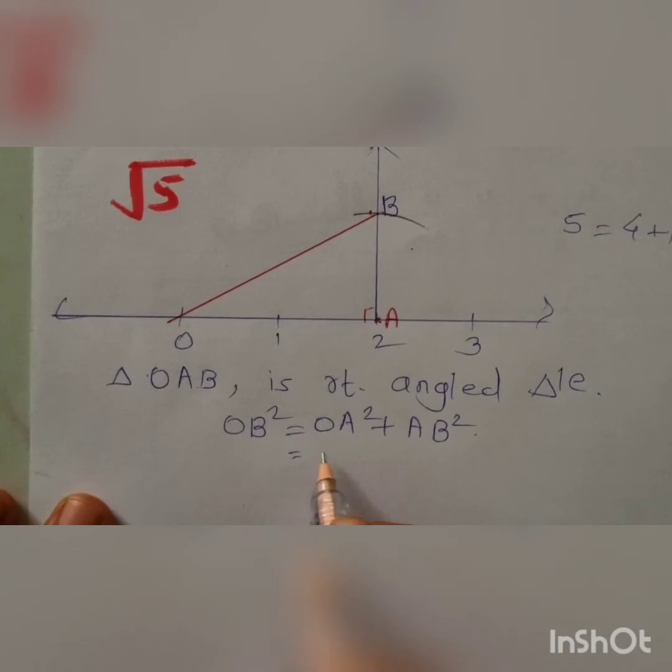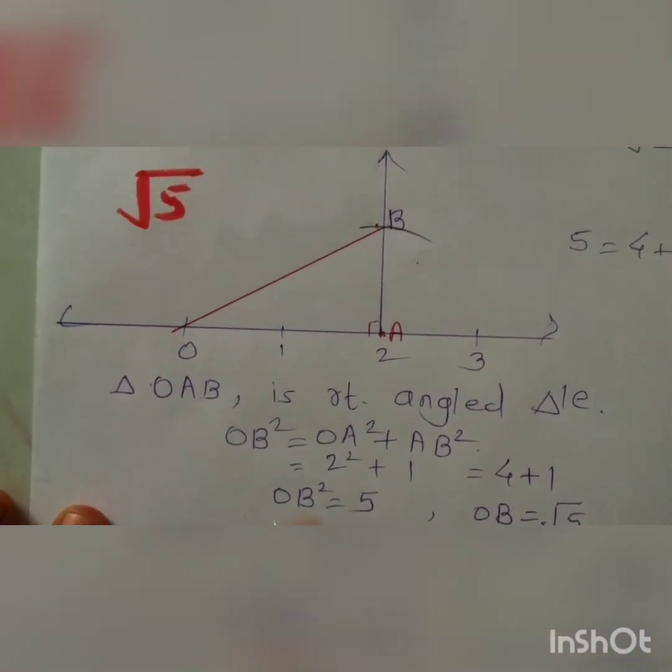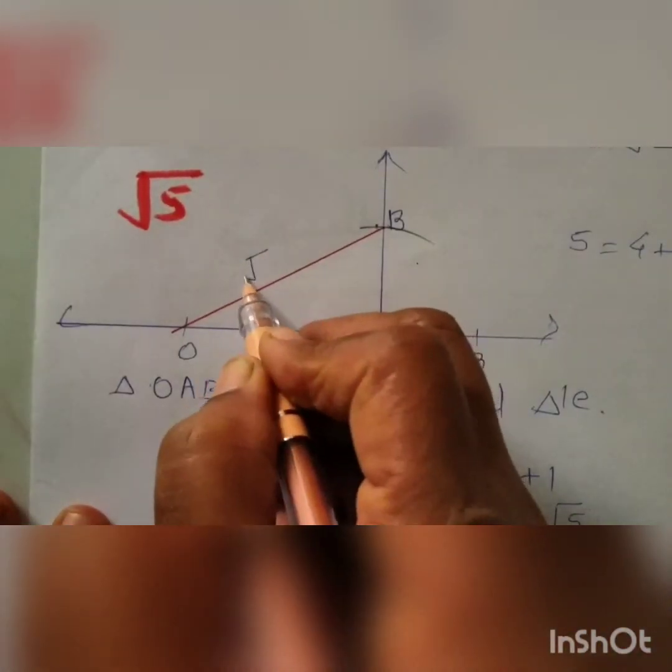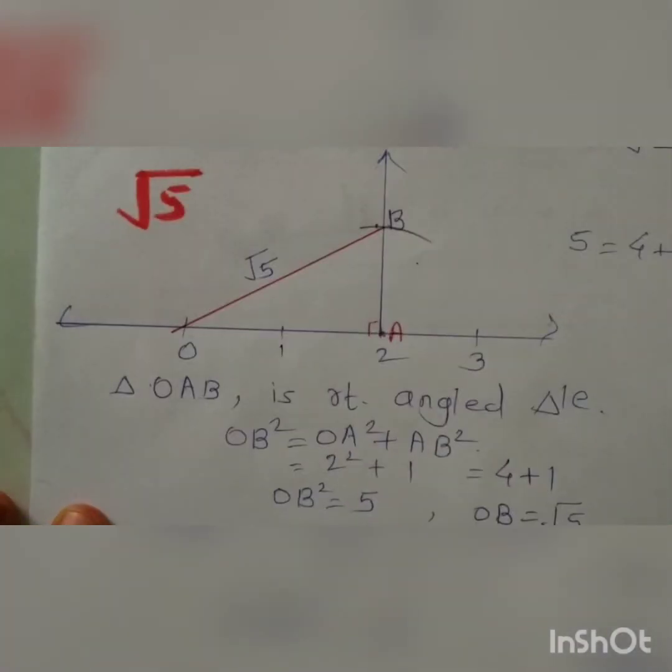Put up the values. 2 square plus 1 square is 4 plus 1, so OB square is equal to 5. Taking square root, we obtain OB is equal to root 5. This distance OB is root 5 unit.